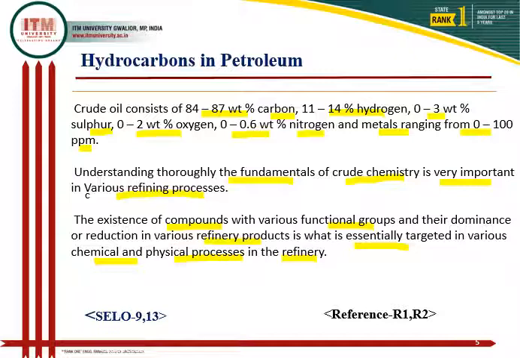So to understand the hydrocarbon chemistry and functional groups, how much they should be reduced for application in the refinery process, and how much target we should go for in achieving the removal of that particular compound, is very much necessary. Understood?